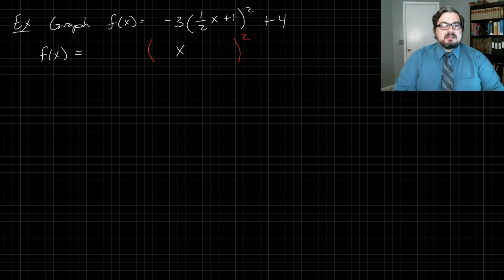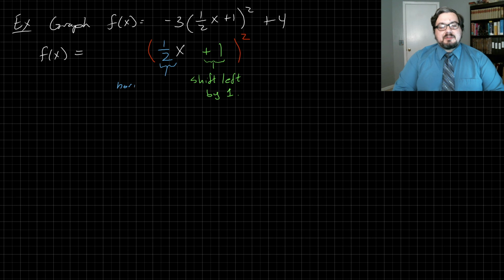So you've got an x inside, and then we've got a 1/2 being multiplied by the x, and a plus 1. So let's see what each of these are going to do. The plus 1 is going to shift us left by 1. That's what adding the 1 inside does. That's a translation. This 1/2 here is a scaling that we just looked at because we've got a number being multiplied by the x.